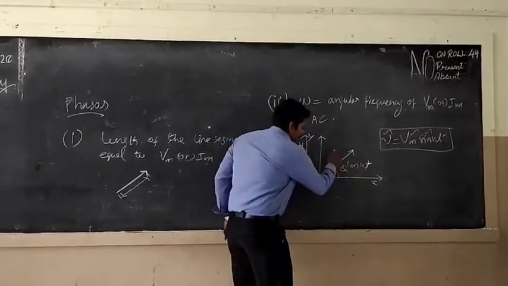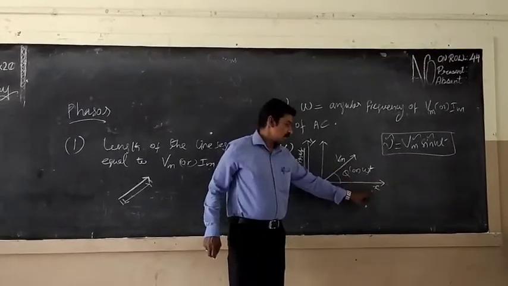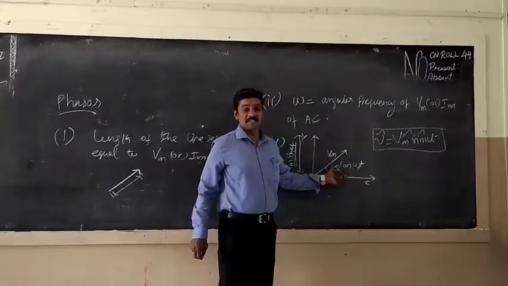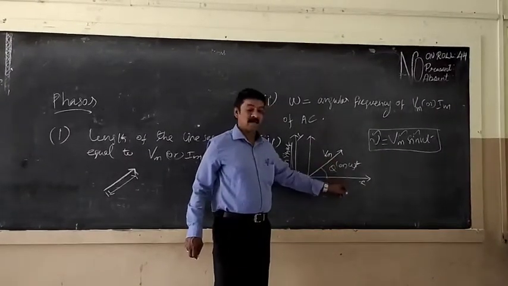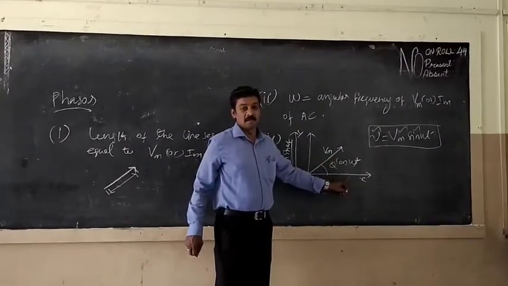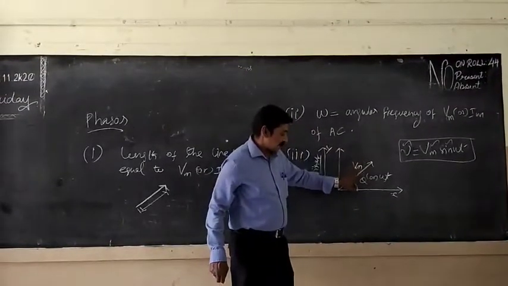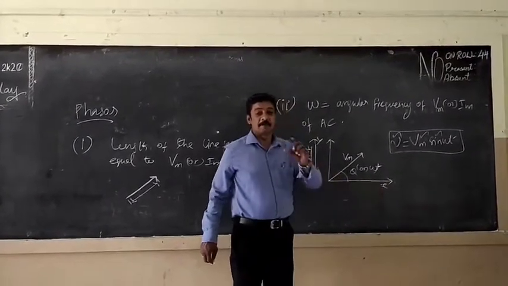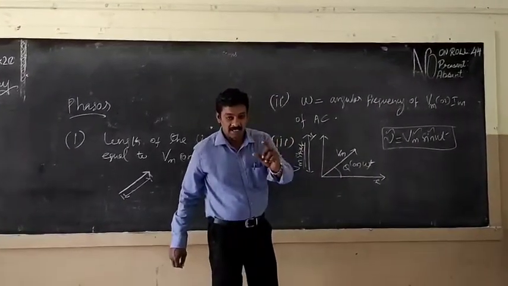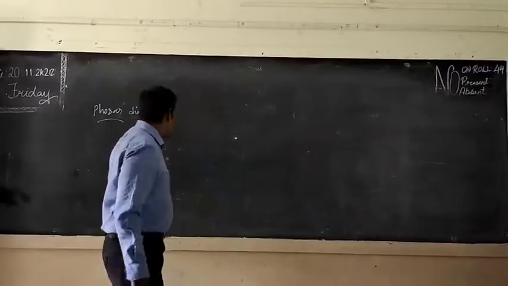This angle theta shows the phase difference between voltage and current of the AC. Children, now we are going to see the phasor diagram.